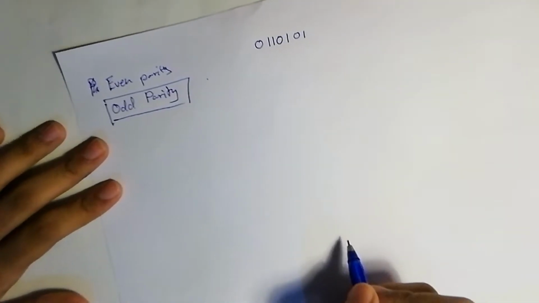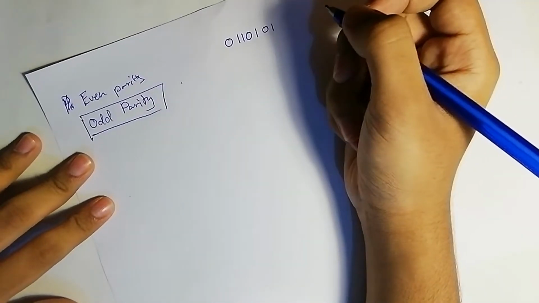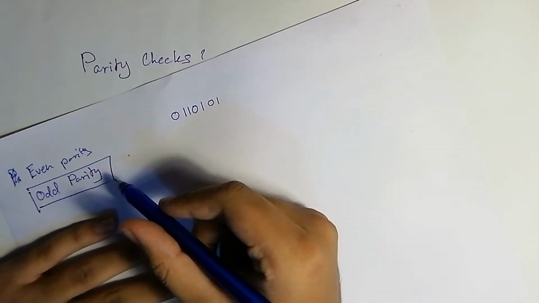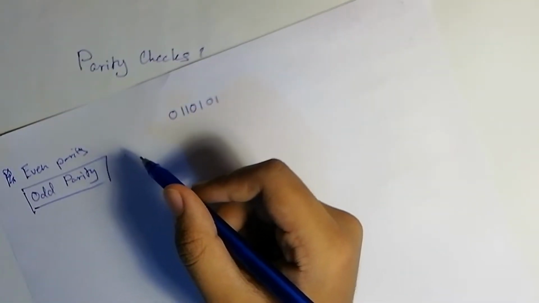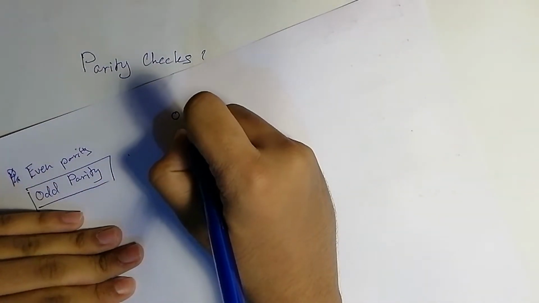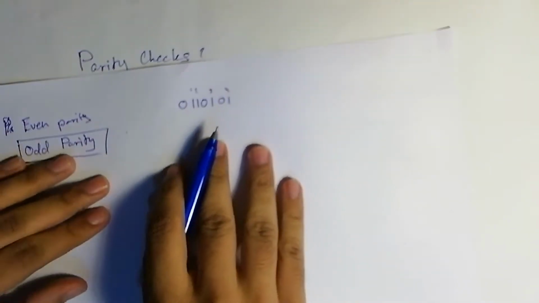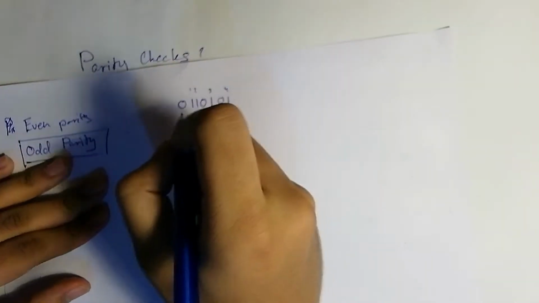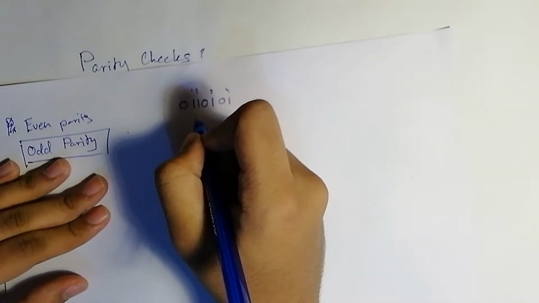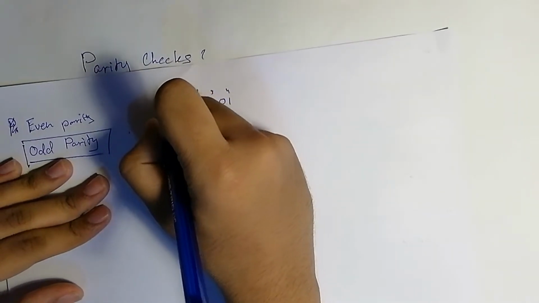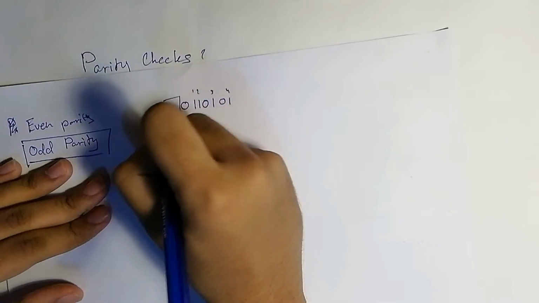Now first we'll count the number of ones, because parity checks basically depend on the number of ones there are. So we have 1, 2, 3 and 4. We have four ones. Now we need a parity bit, so the parity bit goes right here.